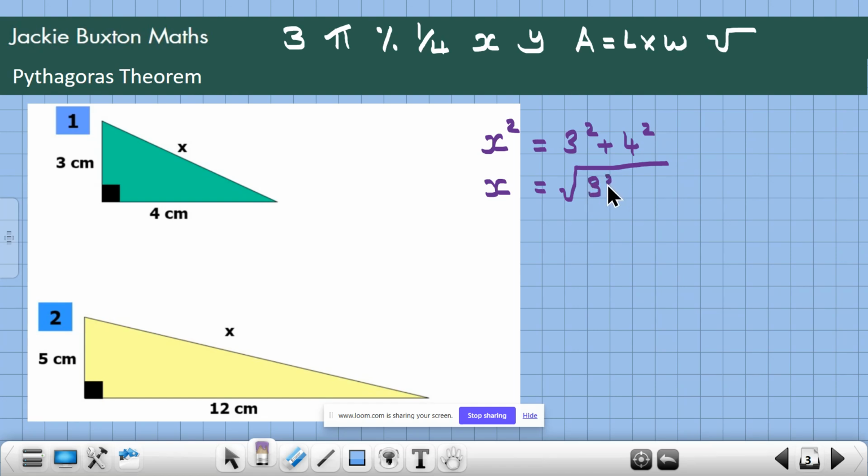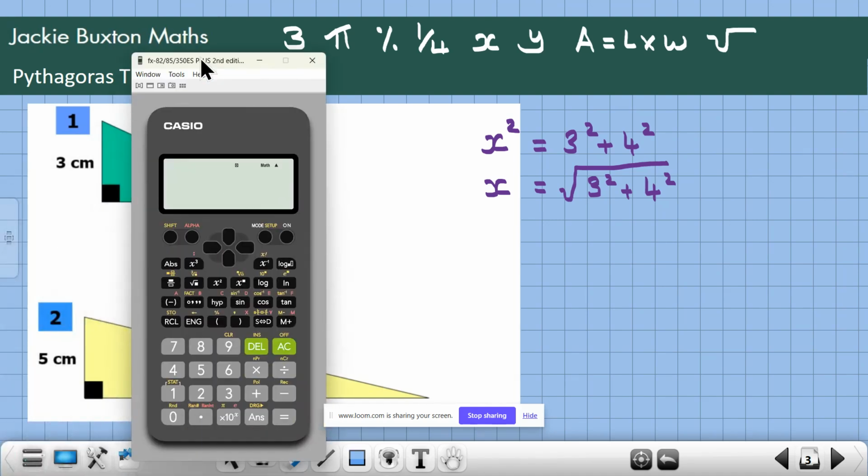And I think this is a good way to write it because as we get into more tricky ones, we're going to be using our calculator. So once we get to this step, we can put that into our calculator. Okay, should we do that now, even though we know what the answer is from our last example?